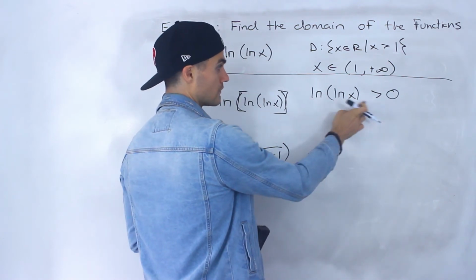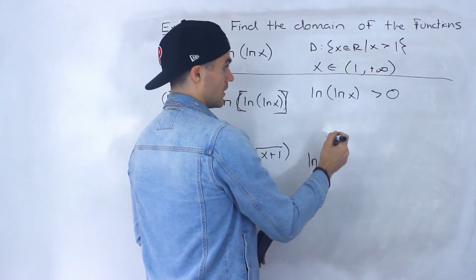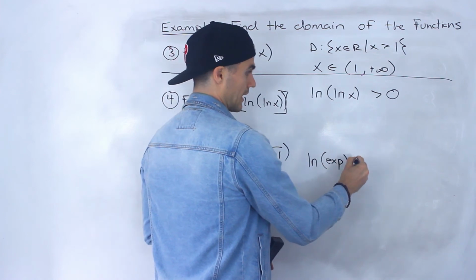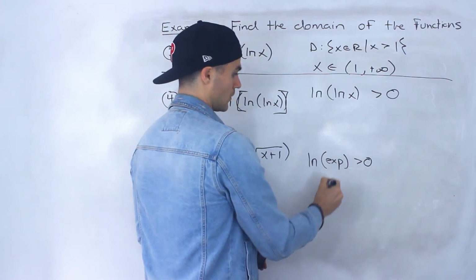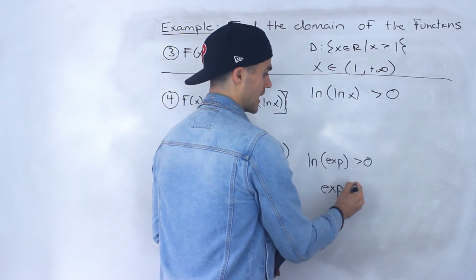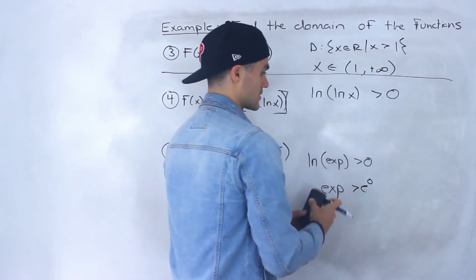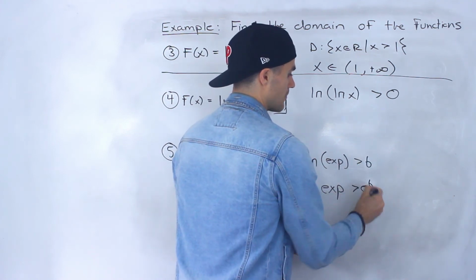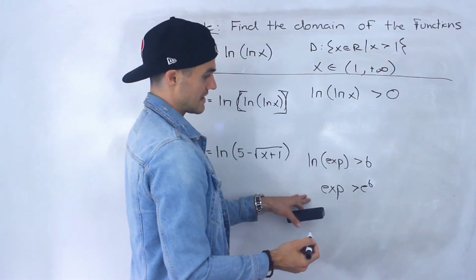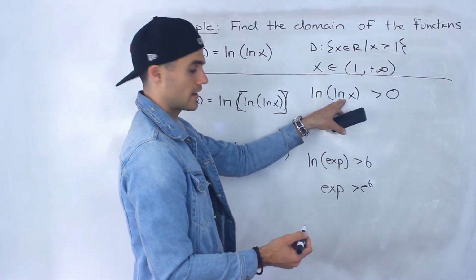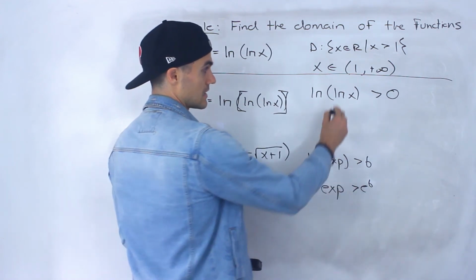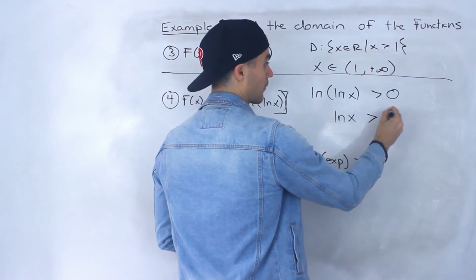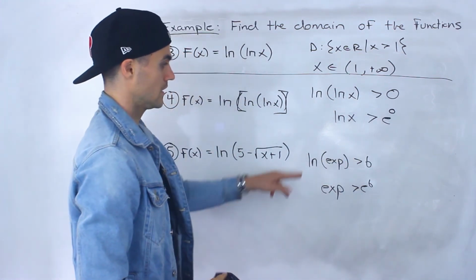Now we have ln of an expression, and that has to be greater than 0. Well, same thing: it means that expression has to be greater than e to the power of 0. And just to keep it more general, if this is b, this would be e to the power of b. So the expression that we're looking at is the ln x inside the bracket. Applying this means that the expression inside the bracket, ln x, has to be greater than e to the power of 0. Right? We went from here to here.